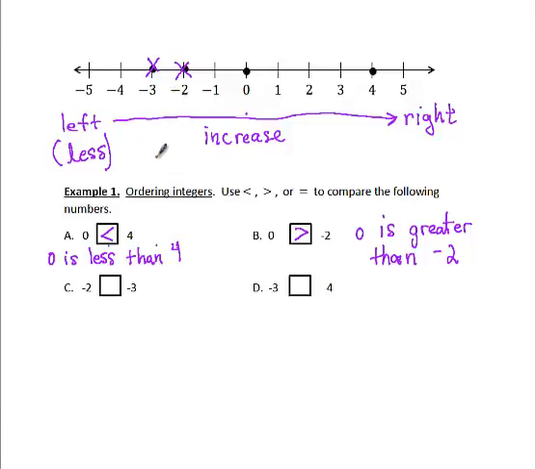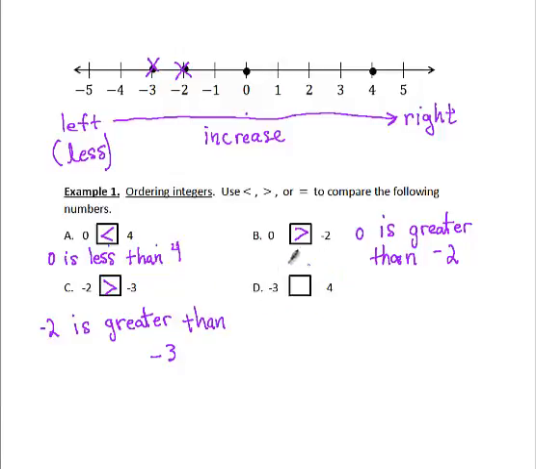Which one is further to the left? Or if we started way on the left and we went to the right, which one do we run into first? The negative 3. And so the negative 2 is bigger. We would use the greater than symbol between the two numbers. Negative 2 is greater than negative 3.